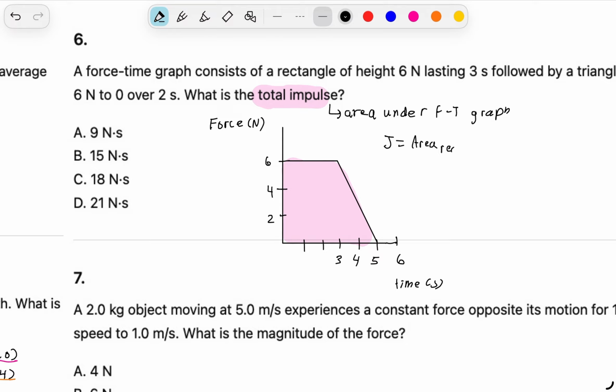So you take the area of your rectangle plus the area of your triangle. It's a composite shape composed of different shapes.